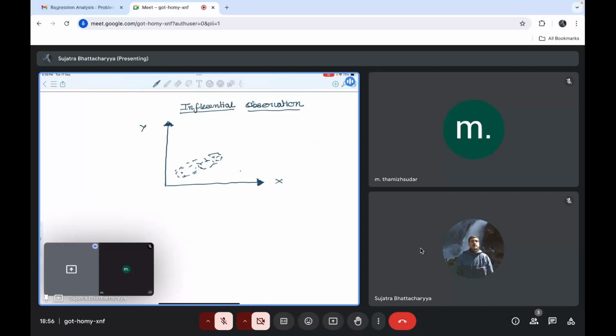And A is the point which is somewhere here. So it has, no doubt, an unusual X coordinate as well as Y coordinate. So this is A, with unusual X and Y coordinate, right? And this point A is the influential observation.